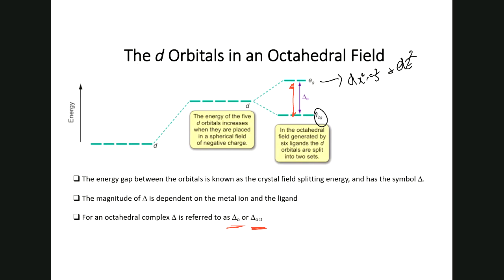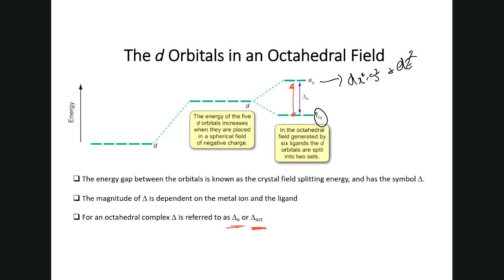All right, so the ligand doesn't have to have a negative charge. All ligands in crystal field theory are seen as point charges. Since the point charge is between the d orbitals, for the ones that are lower in energy, if they're between, it would be lower in energy.